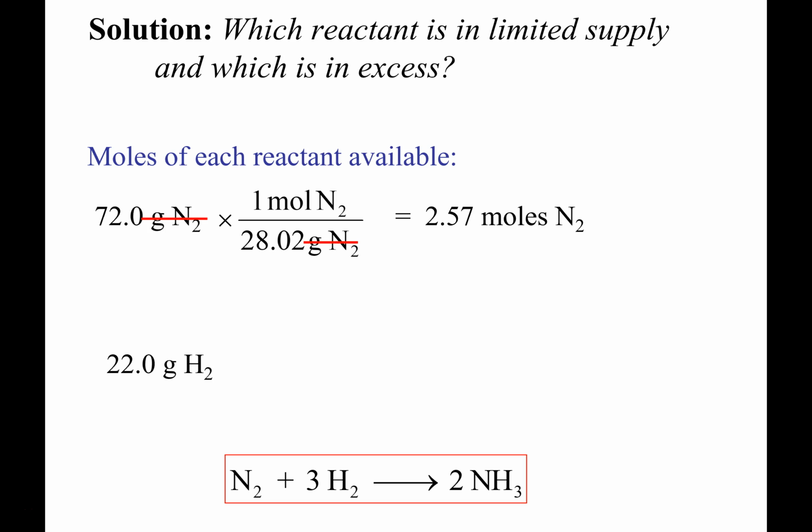Again, the more organized you can say as you work the problem, the better off you're going to be. So I'll work an analogous problem to go from grams to moles of hydrogen. I'll take 1 mole of H2 over 2.016 grams of H2, 3 sig figs, and you're looking at 10.9 moles of H2.